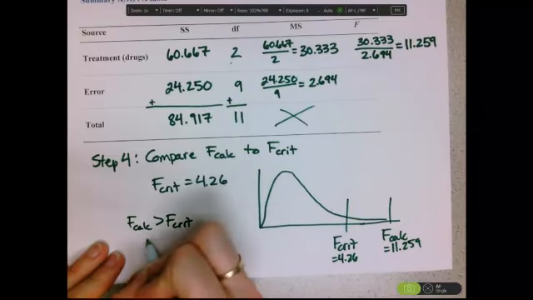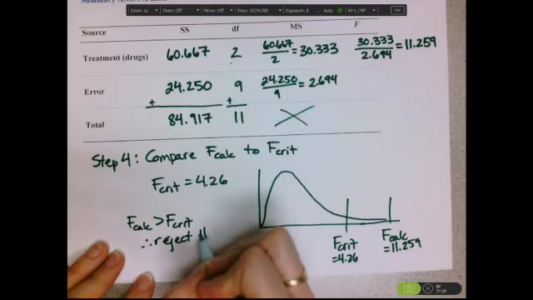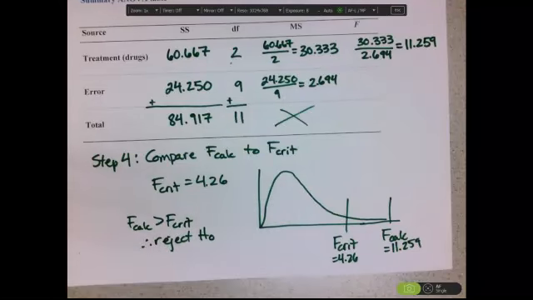Therefore, we reject our null hypothesis, and we would conclude that the mean number of psychotic episodes experienced differed significantly between at least 2 of the drugs tested. So our conclusion again is the mean number of psychotic episodes experienced differed significantly between at least 2 of the drugs tested, with a p-value less than 0.05.